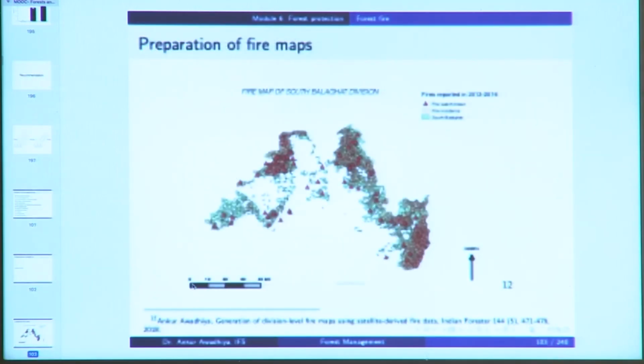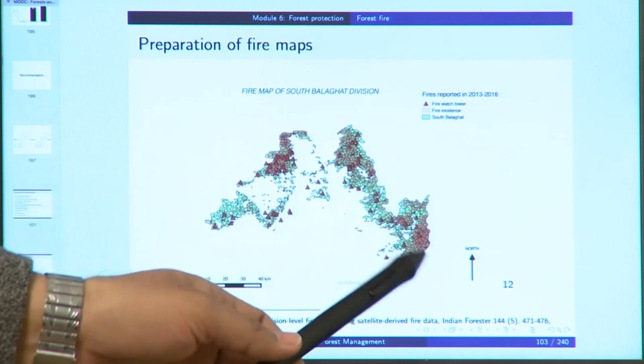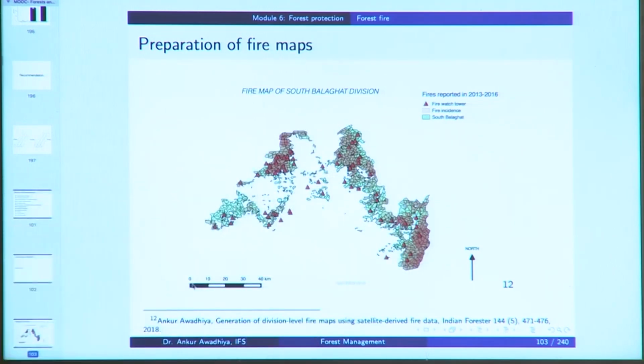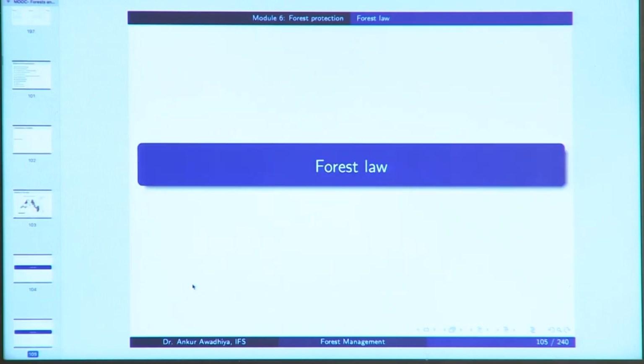And we looked at Simplifier, which is another method in which we are getting near real time reporting of the forest fires. And then we also looked at the working of fire maps, which help you to discern which locations have a greater possibility of fire and which locations have a lesser possibility of having a forest fire.